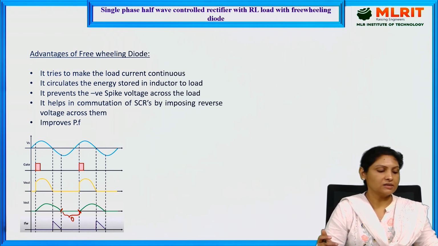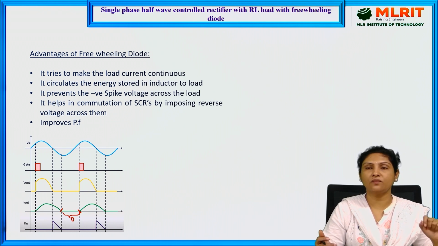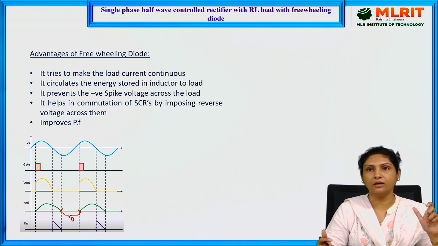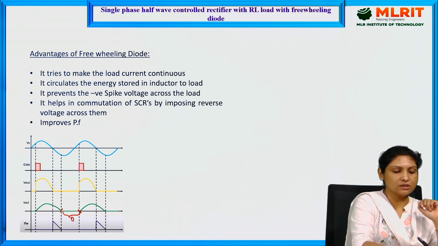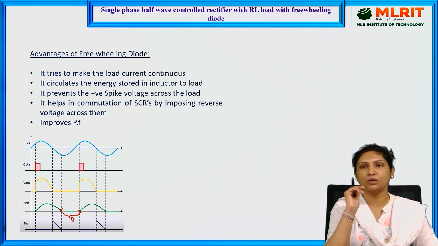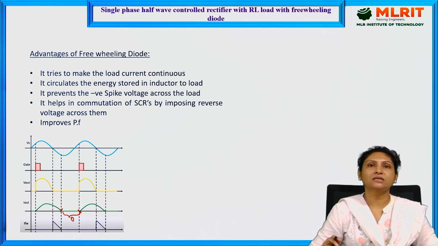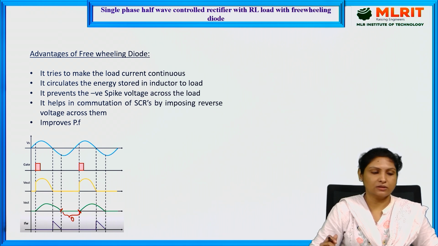Since here we are making use of a small value of the inductor, the output current is becoming zero at some point. Instead, if we make use of a very large value of the inductor, the output current can be maintained continuous through the load. And it circulates energy stored in the inductor to load.